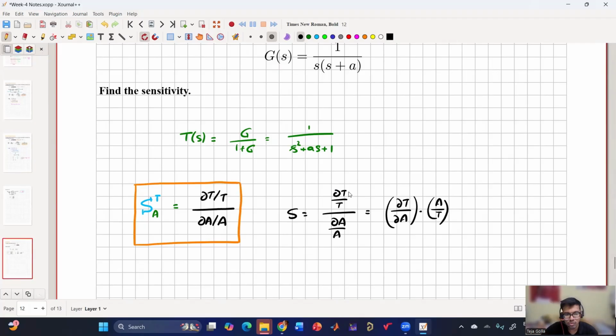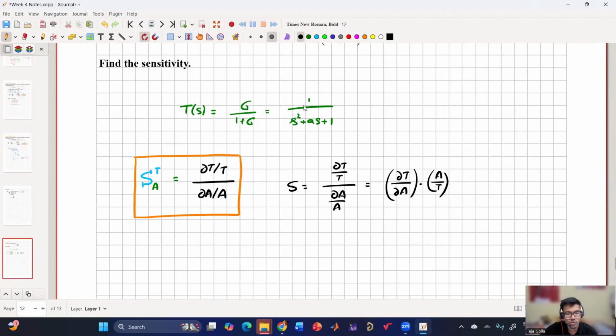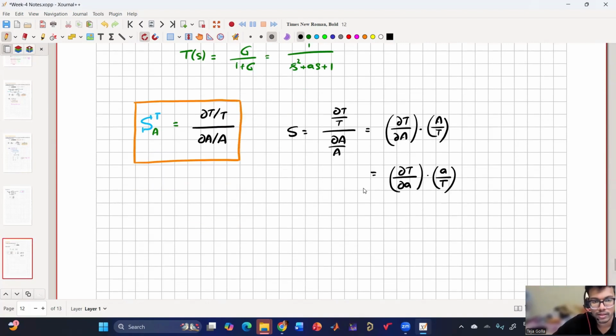So if you solve, what is the differentiation of T with respect to a?